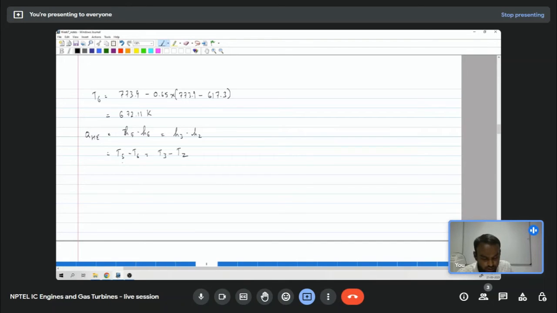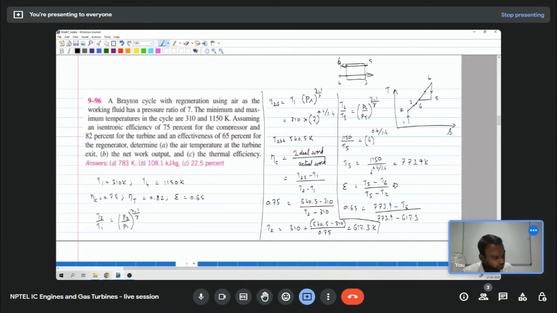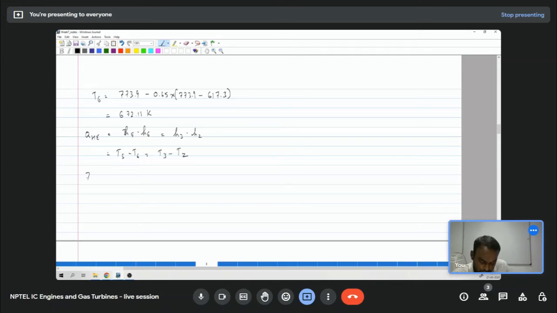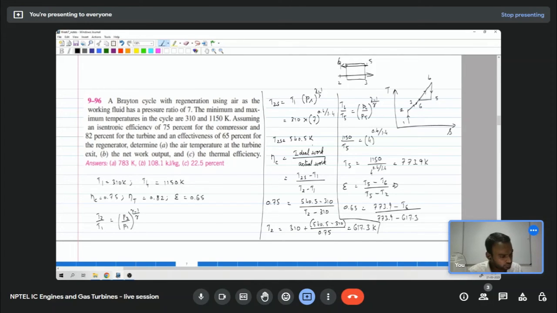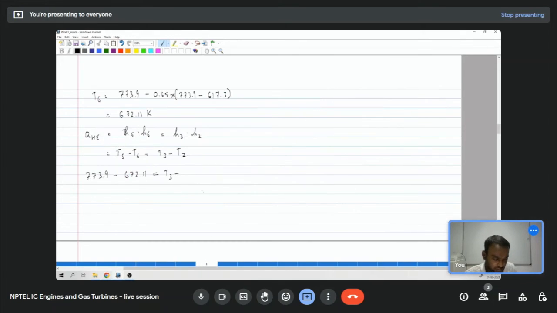T5 is 773.9 and T6 is 672.11, equal to T3 minus T2. T3 is unknown, T2 is known as 617.3 Kelvin.